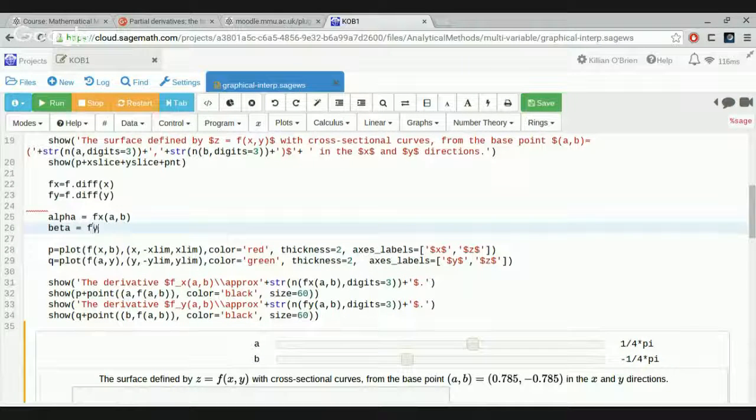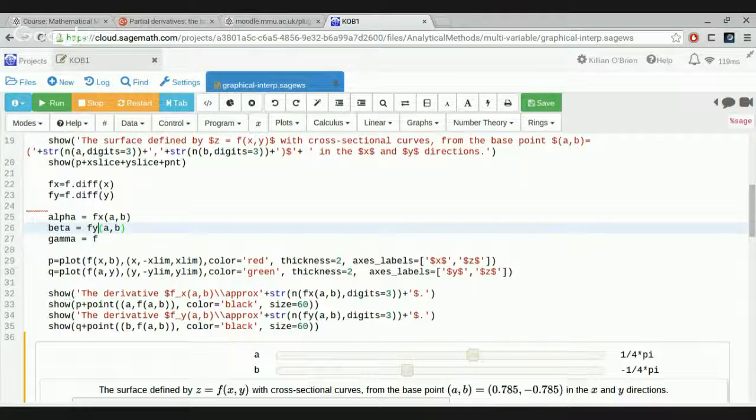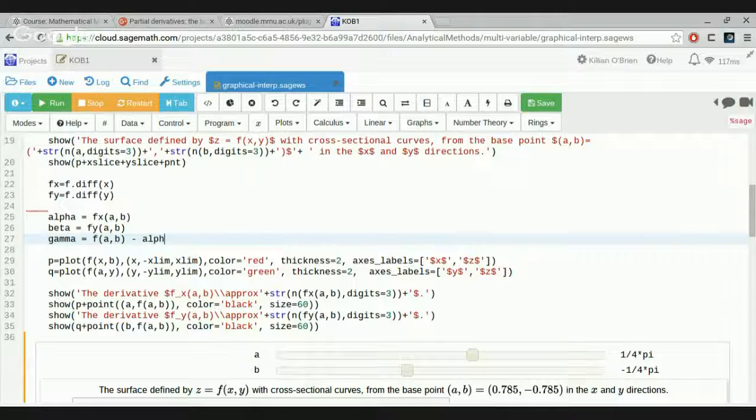And I can do beta as fy, the y derivative evaluated at ab. And I could get the gamma then. Looking at the equation in the notes, the gamma was the original function f evaluated at ab, minus alpha times xp, where xp is a, the x coordinate of the base point, and then minus beta times b.